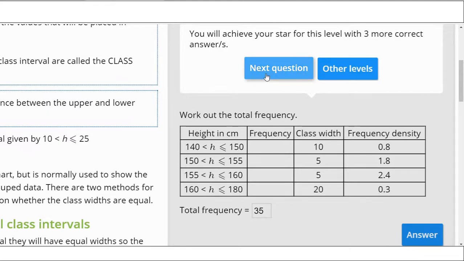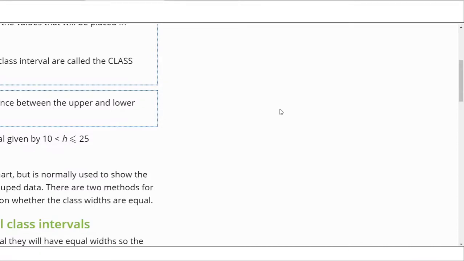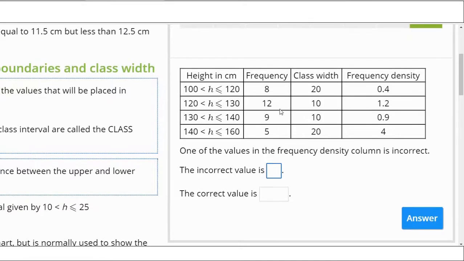Next question. One of the values in the frequency density column is incorrect. So the incorrect value is, and the correct value is. This one we need to check in the table, which one is incorrect.